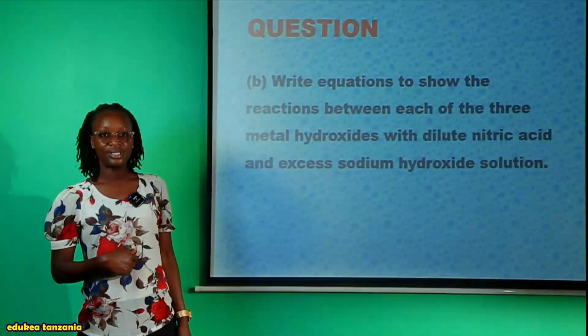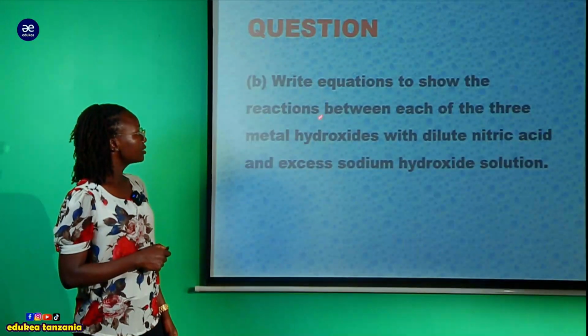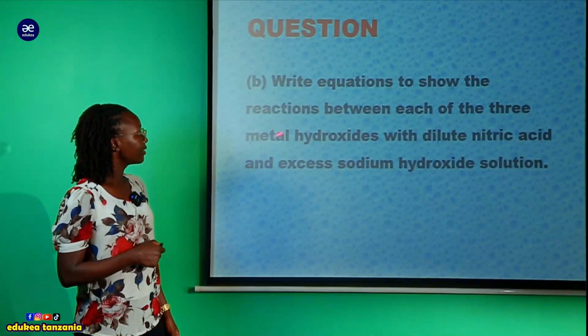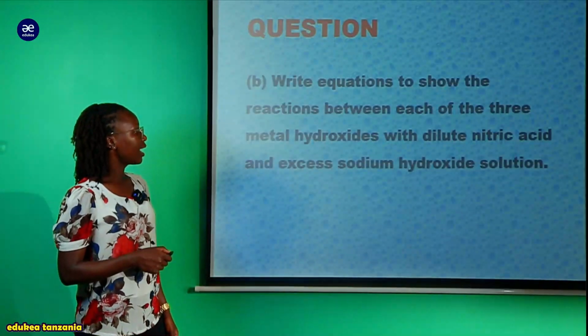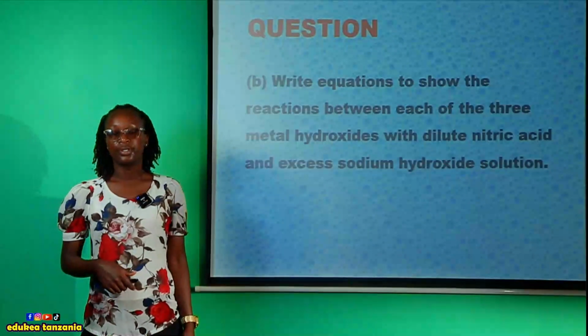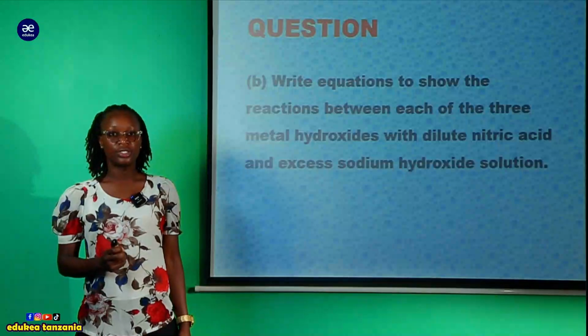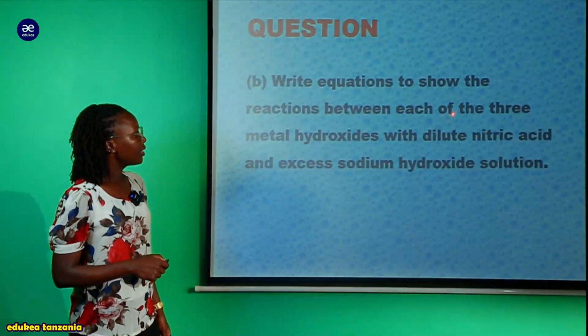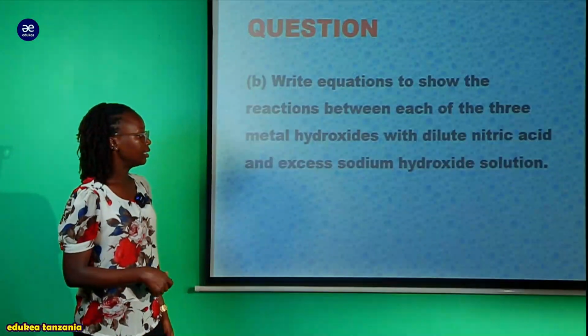Part B of our question says: write equations to show the reactions between each of the 3 metal hydroxides with dilute nitric acid and excess sodium hydroxide solution. So the question has 2 directions. Umepewa dilute nitric acid lakini pia excess sodium hydroxide.